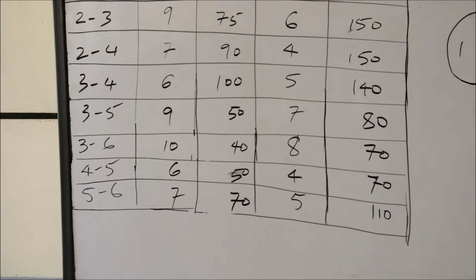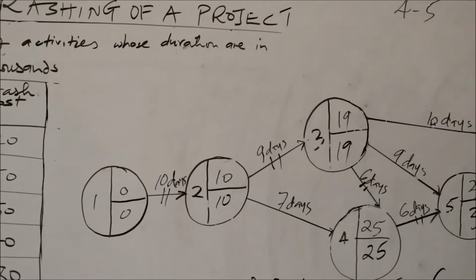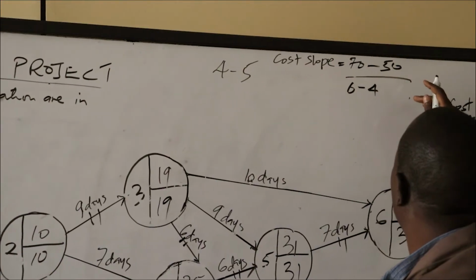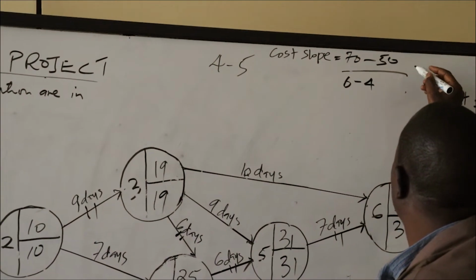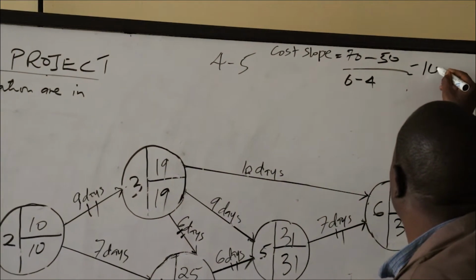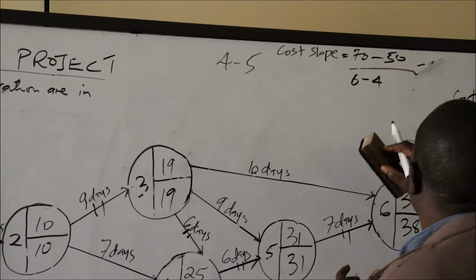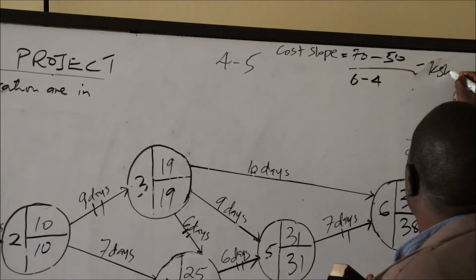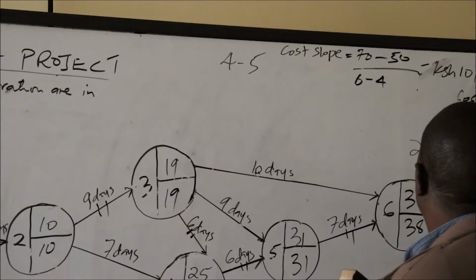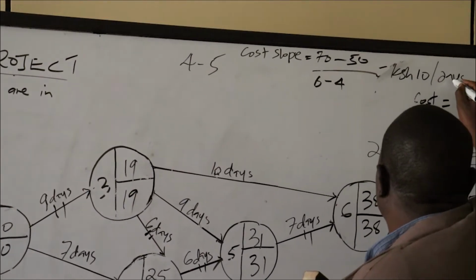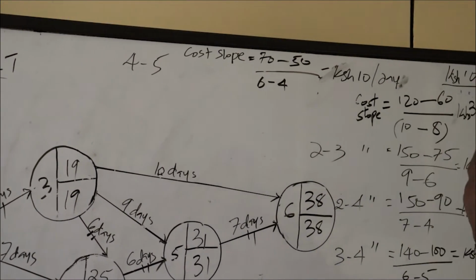That is 20, then divided by 2, which is 10. Kenya shillings 10 per day, but that is existing in thousands.